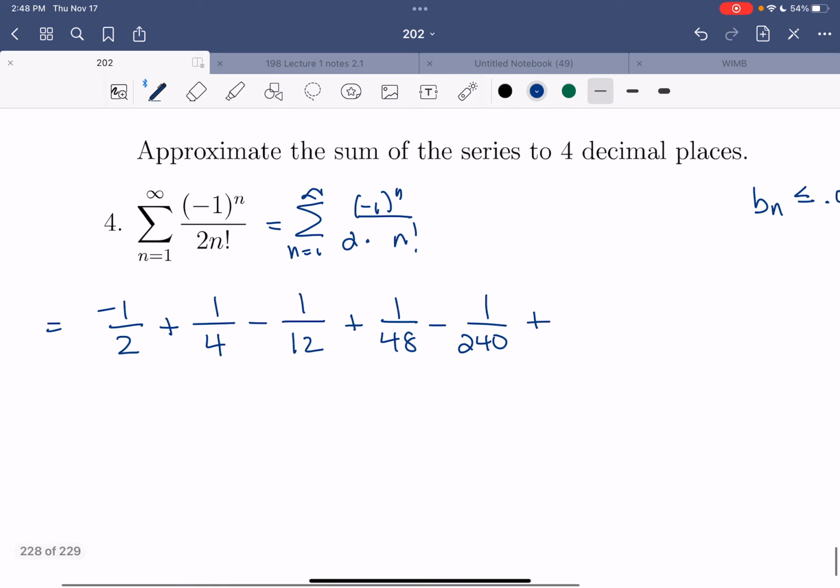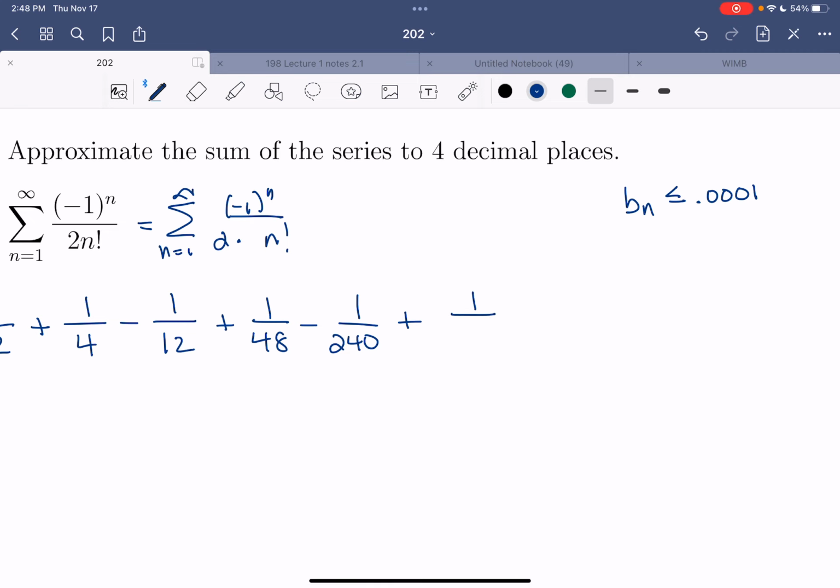Plus 1 over, the next term is 720. 720 doubled is 1440. Let's check that one. 1 over 1440 is 0.00069, so not small enough for us yet.